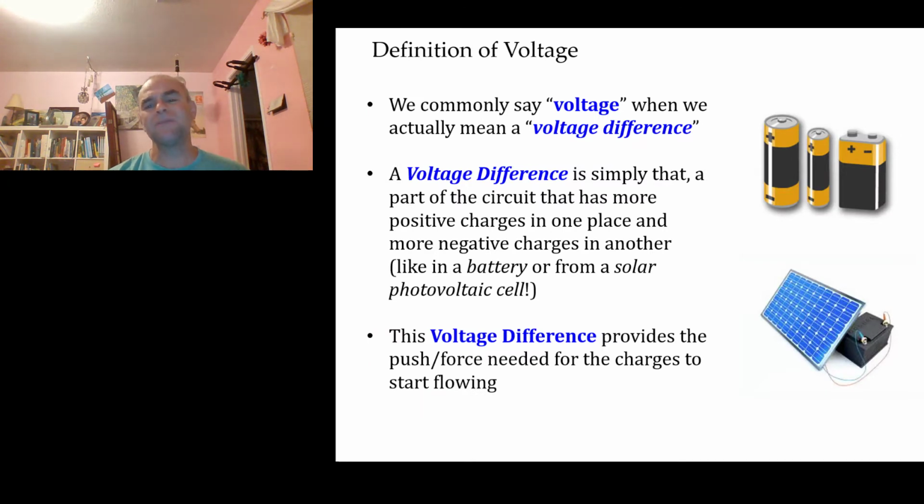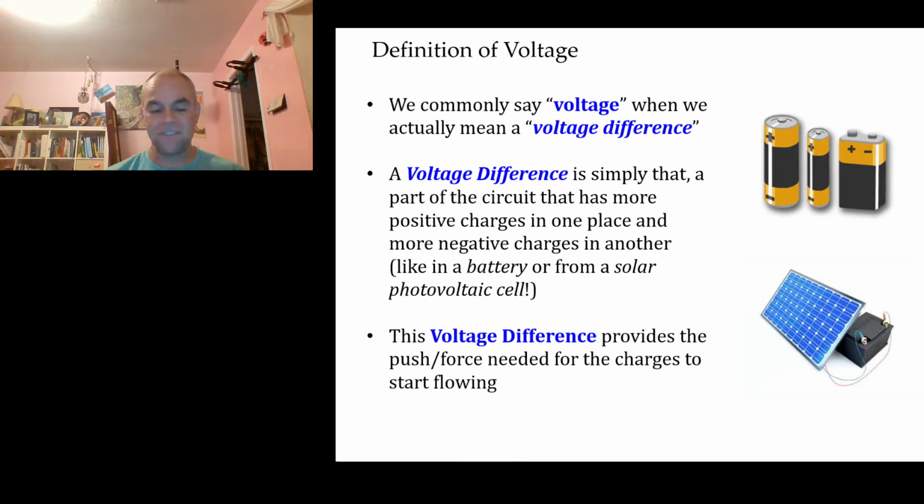And you'll often hear me say, rather than a voltage, I'll talk about a voltage difference, which means that it's kind of like a height difference. When I talk about heights in first semester physics class, I might say something is 10 meters high, but that implies that I'm measuring from some other height that's 0 meters high. The same thing is true about a voltage. If you have a battery, like a 9-volt battery or a AA battery or something like that, that means that one side of the battery is at a higher voltage than the other side of the battery.